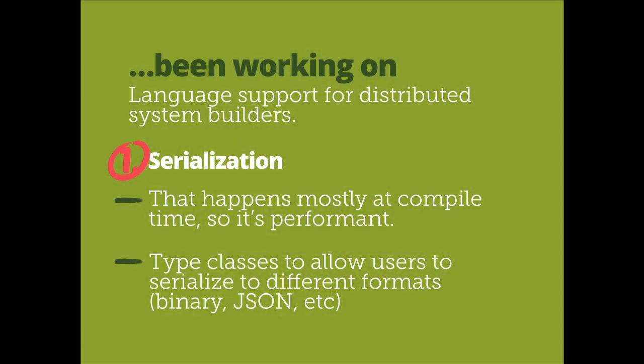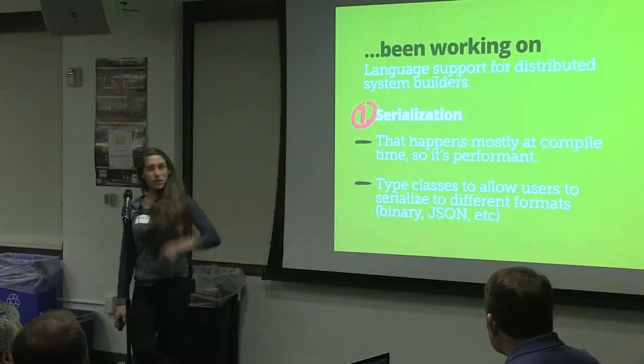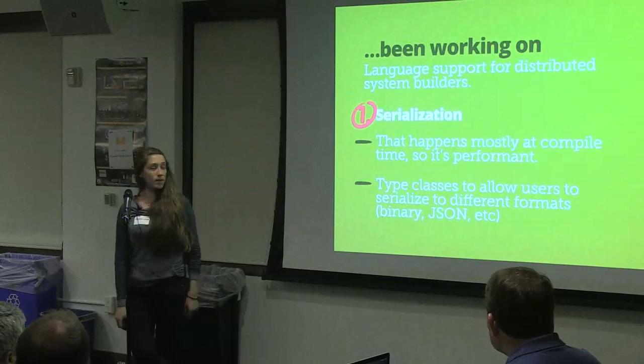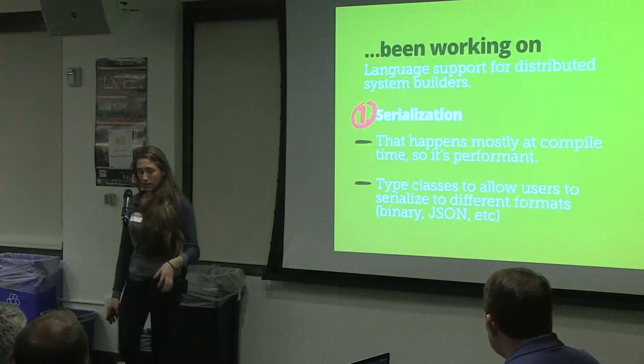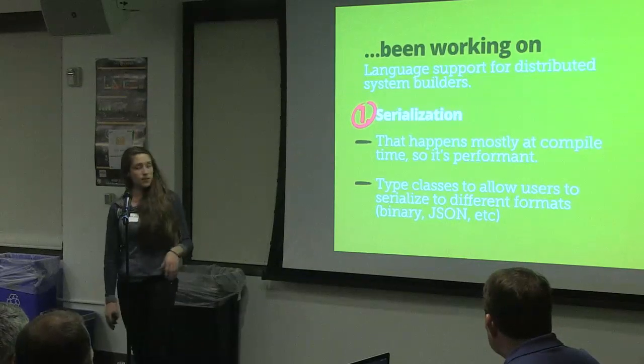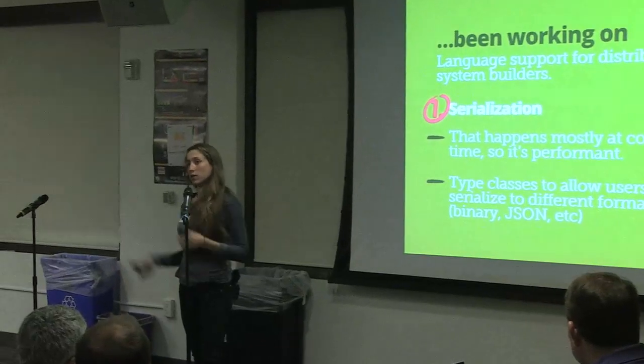This brings together two projects that I've recently worked on that you might have heard of before. One is this serialization project called Scala Pickling. And the other is this thing called spores, which I'll talk about in a second. The serialization project is kind of an interesting project because the idea is that you do serialization totally differently than usually you do in the JVM.